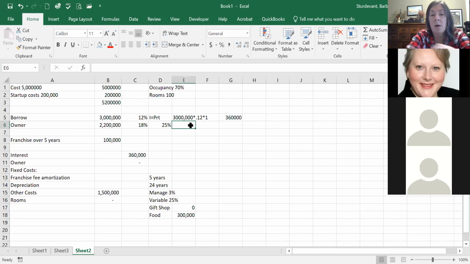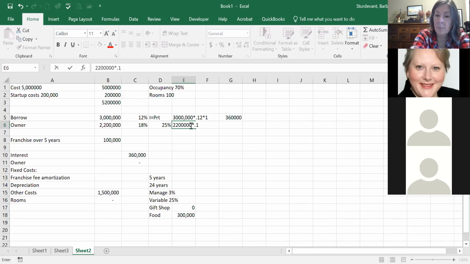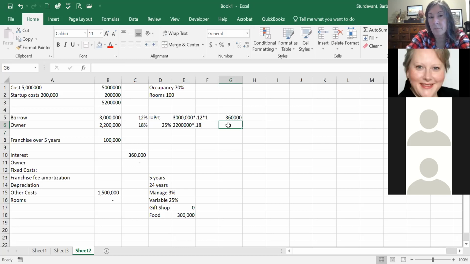So the owner wants 18% on their money. So that's the first thing we're gonna figure. Okay, they want to walk out of there with $396,000 in their hand. So we have to do it pre-tax. So pre-tax.